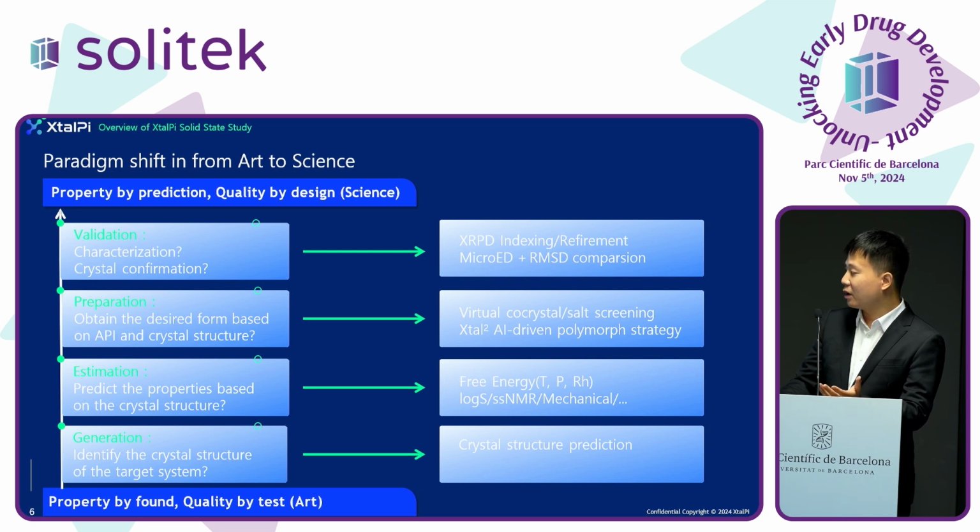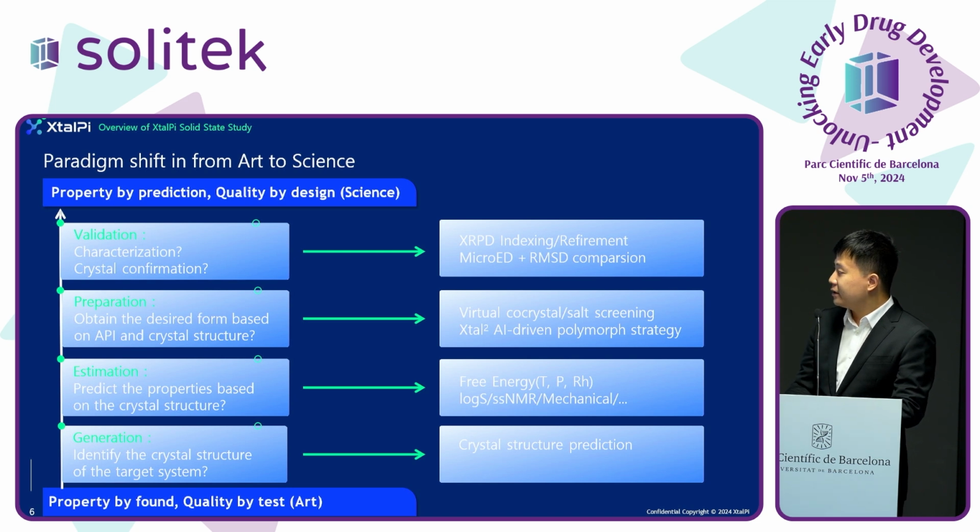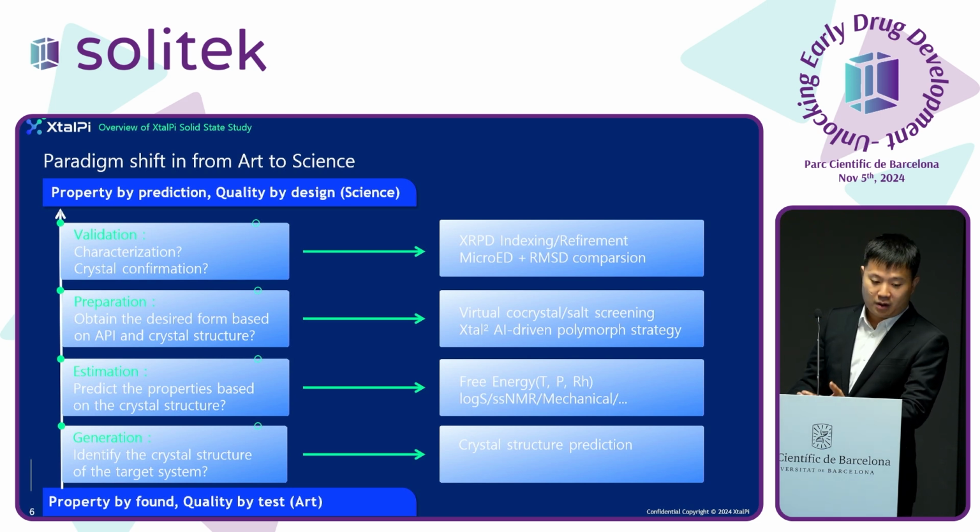To solve this problem, we can use a tool called crystal structure prediction, which means that after we get the 2D diagram of the molecule, we can predict how many stable structures exist theoretically for these systems. And then the next question is the estimation, predicting the properties based on those predicted crystal structures. And there have been a lot of achievements in this area.